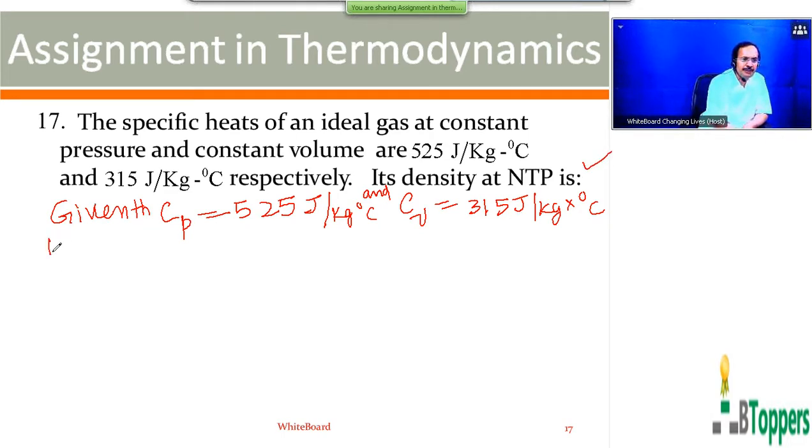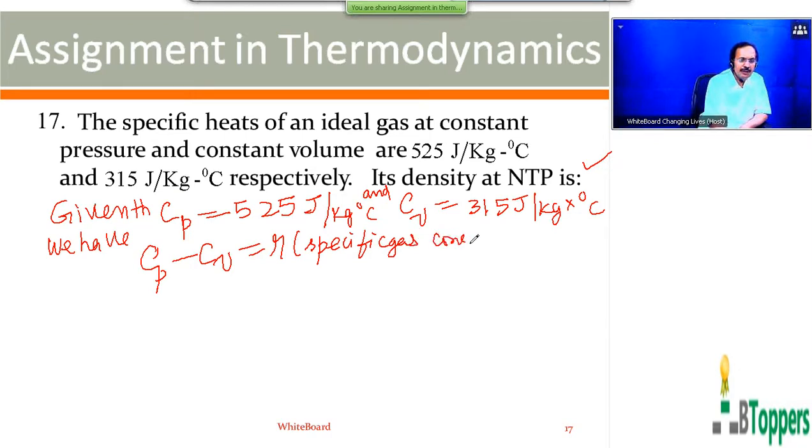So from Mayer's relation, the difference in the ordinary specific heat of the gas at constant pressure and the ordinary specific heat of the gas at constant volume will be equal to the ordinary gas constant, or you can say the specific gas constant. And the specific gas constant, as I told you earlier, is the molar gas constant divided by the molar mass of the gas.